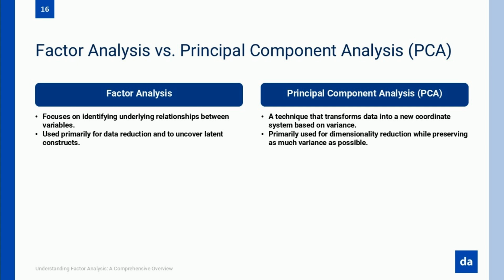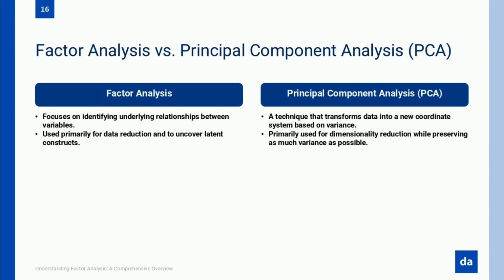If PCA were analyzing student grades, it would compress all subject scores into a few main components, even if some students just happen to be really good at math but bad at writing. Factor analysis, on the other hand, would try to group subjects into meaningful categories like analytical skills or verbal ability, filtering out individual quirks.